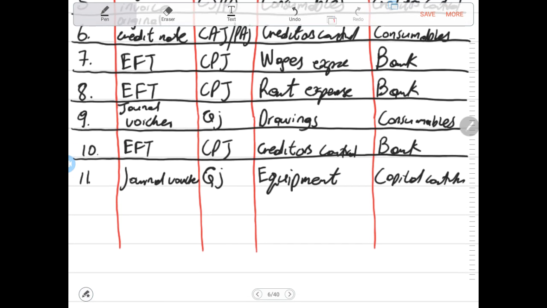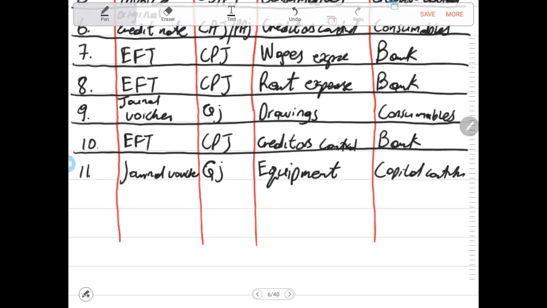Then after, we say we also received something else from the owner, and that was in the form of cash. Remember, EFT. Then this will be cash receipt journal. What did we receive? We received money. Bank. What was this money for? It was for capital that the owner was contributing in the business.